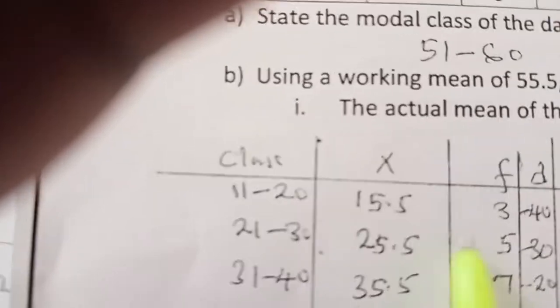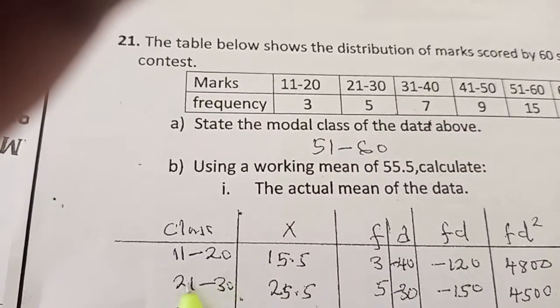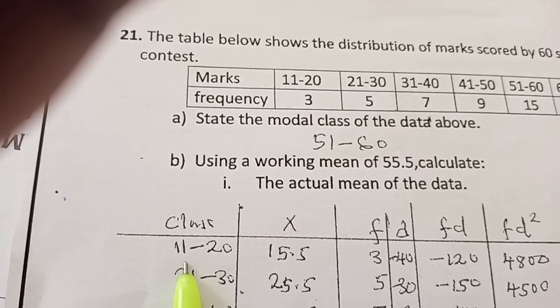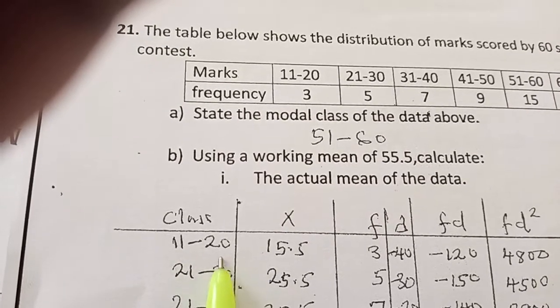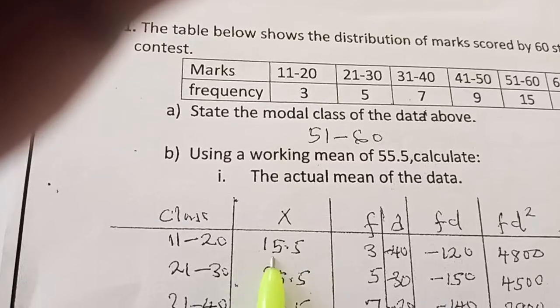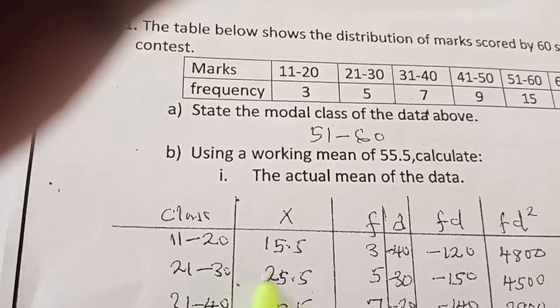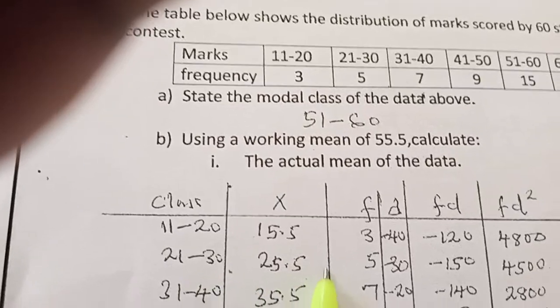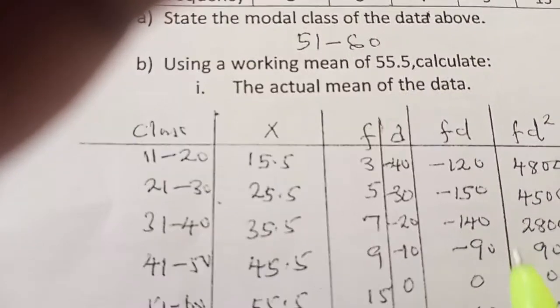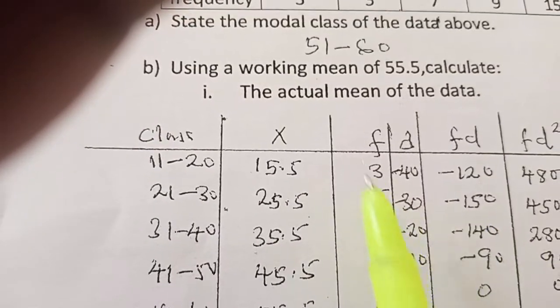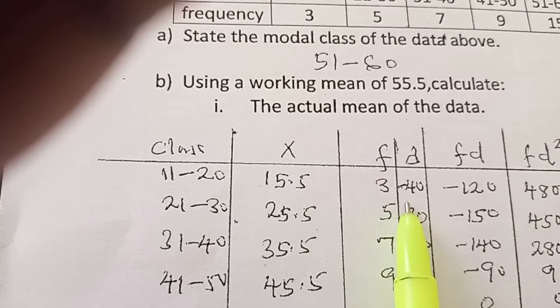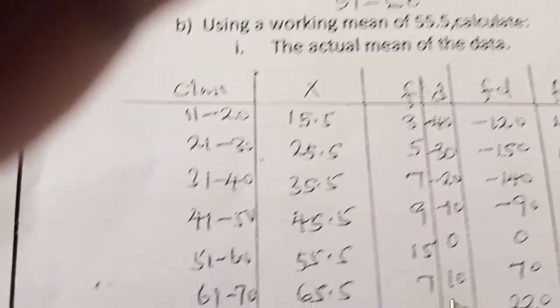We take 11 add 20 divided by 2, we get 15.5. 21 plus 30 divided by 2. We do it that way for all of the numbers. Then here we write down the corresponding frequency for each of them.